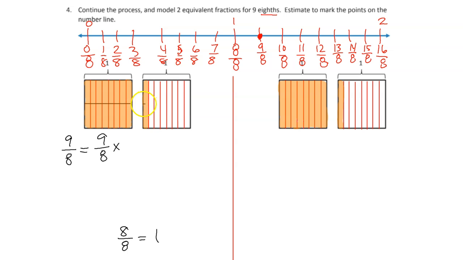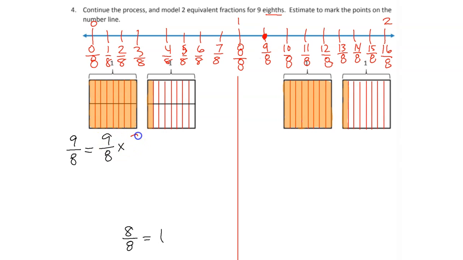So if you notice my horizontal partition, now I have 1/2 at the bottom and 1/2 at the top. So 9/8 times 2/2, which is also equal to 1 whole, is going to give us 18/16.